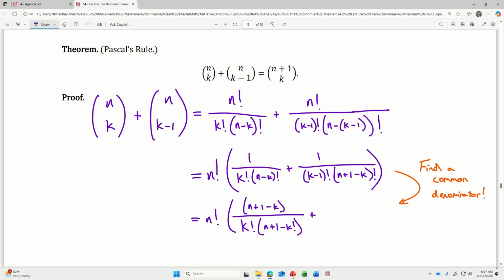And then on the second fraction, I like the n plus 1 minus k factorial. I just want to turn the k minus 1 factorial into a k factorial so that it can have a common denominator with the other fraction. And to do that, I need a k in the numerator.